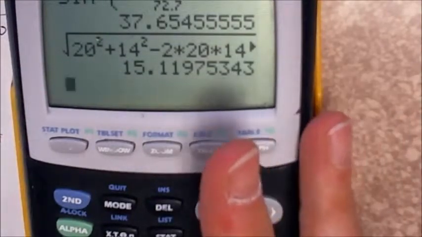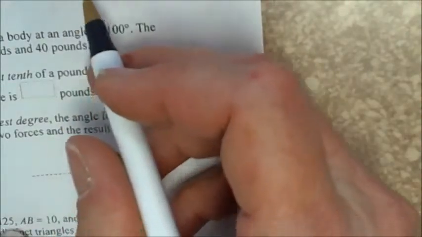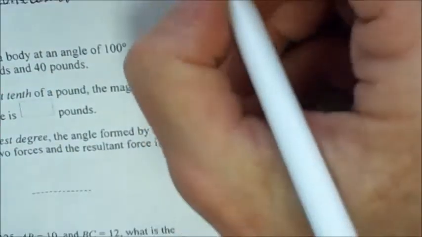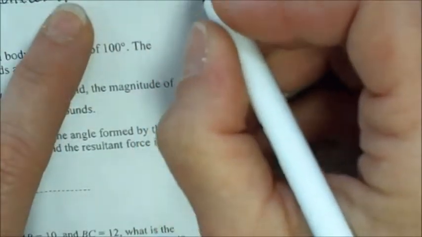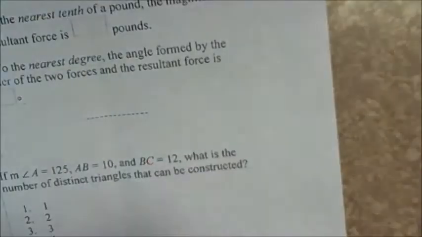And we got 15.1 to the nearest tenth, so we'd put 15.1 here. And to the nearest degree, angle C, well now we've got little a as 15.1, so if you want to get angle C, it would be 14 over the sine of C. I'll put that down here.